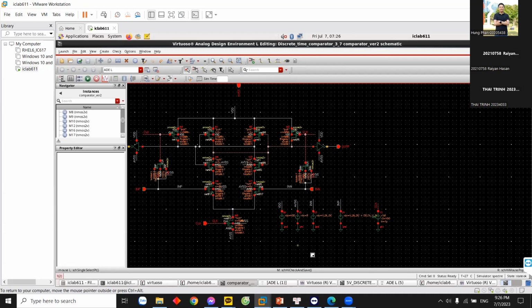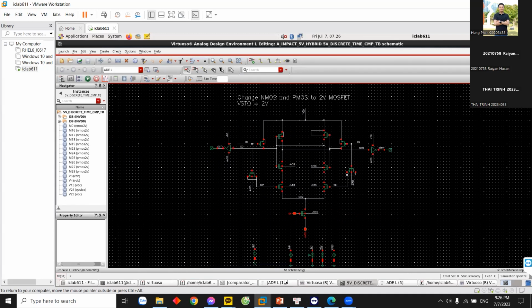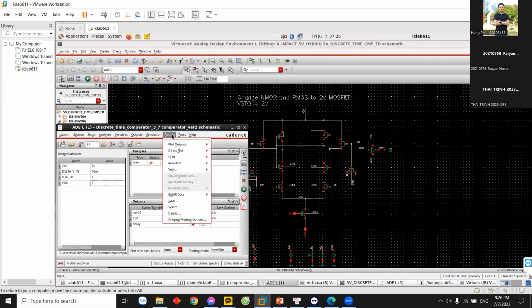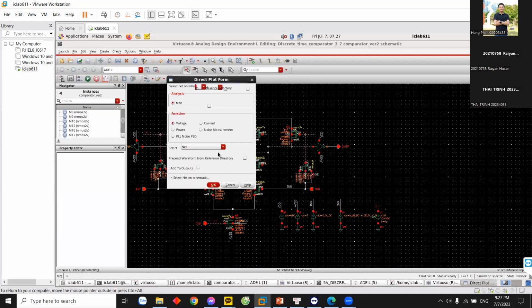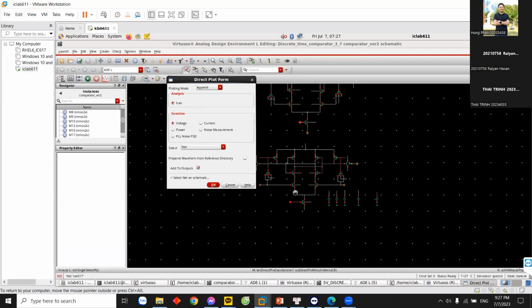How about comparing on node? Compare this node.